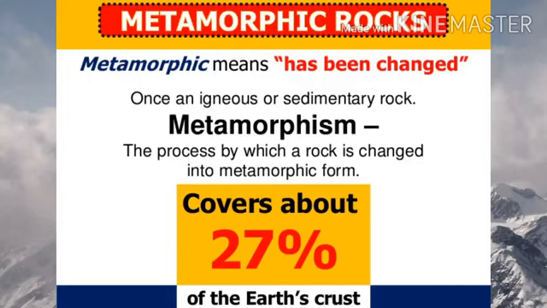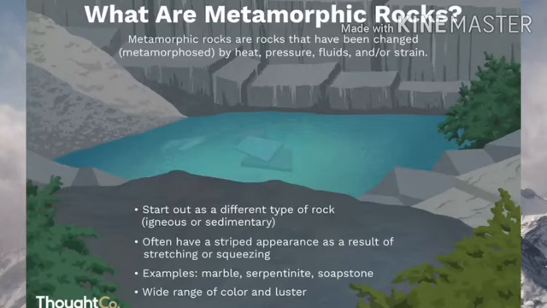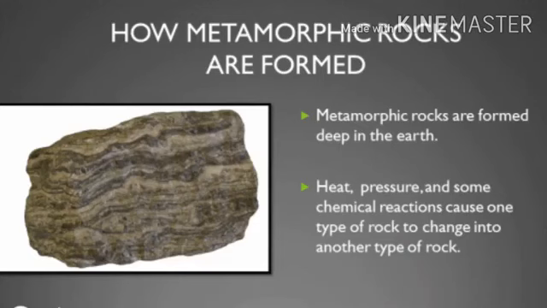Change occurs both through physical and chemical metamorphism. Physical metamorphism brings about changes in appearance and texture. Chemical metamorphism brings about changes in chemical composition of the rocks. These rocks are formed when igneous or sedimentary rocks are transformed by the action of intense heat and pressure. It may take thousands of years in the process of metamorphism.